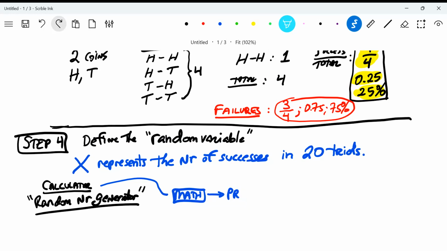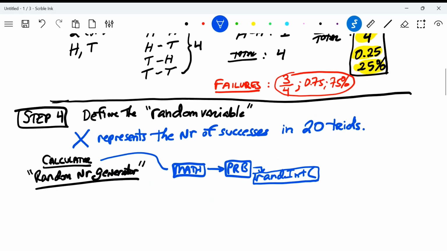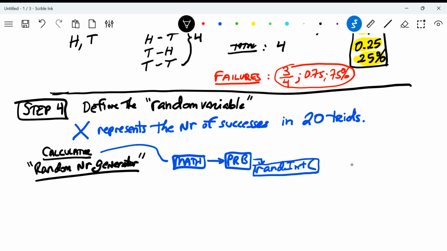And then you move down in the probability menu to randInt, R, A, N, D, I, N, T, and then parentheses.